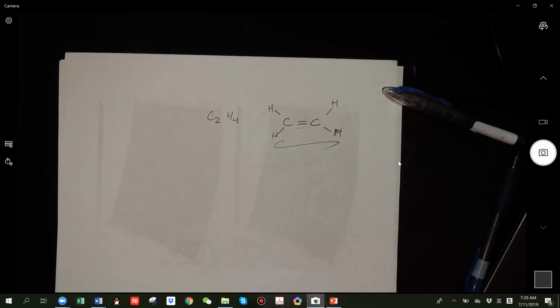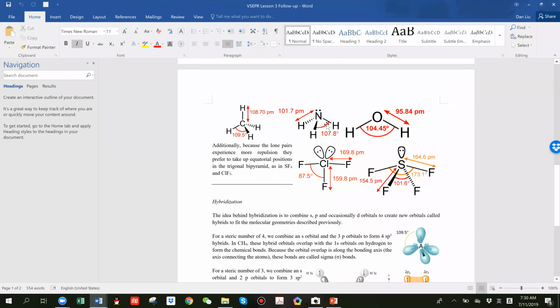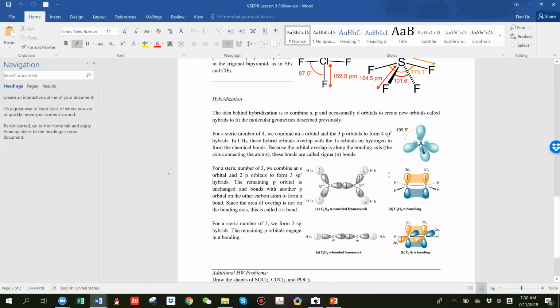And can someone tell me the hybridization associated with the trigonal planar structure? So remember, if you saw the VSEPR handout, what's the hybridization? Great, sp2.